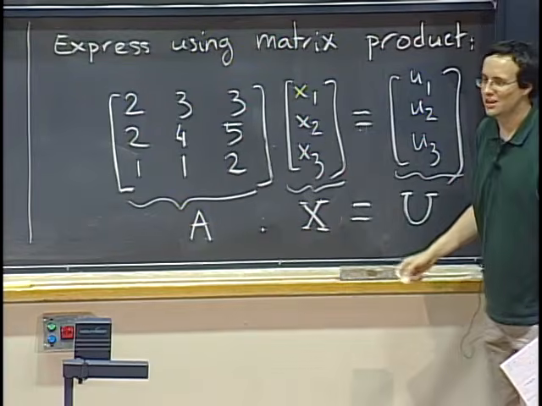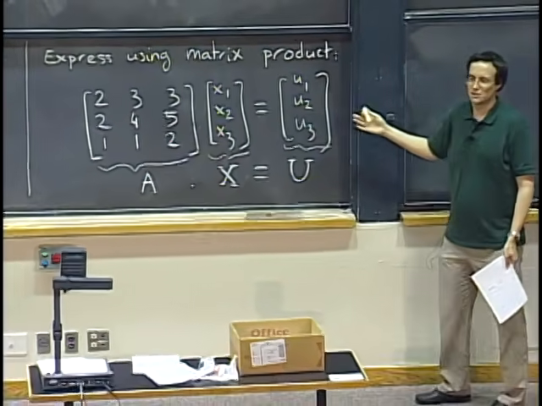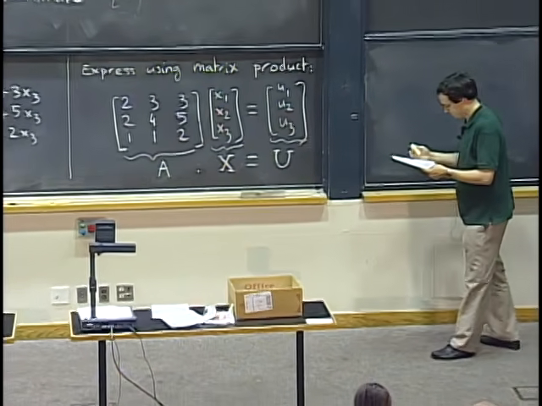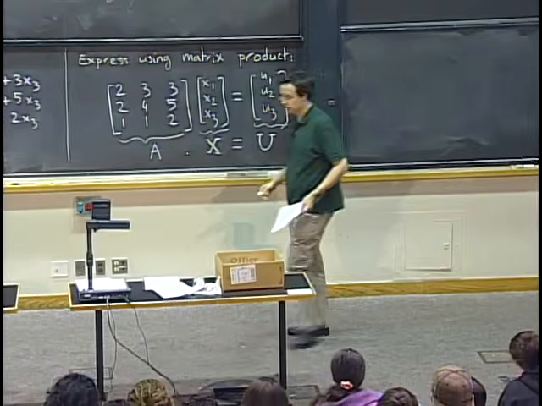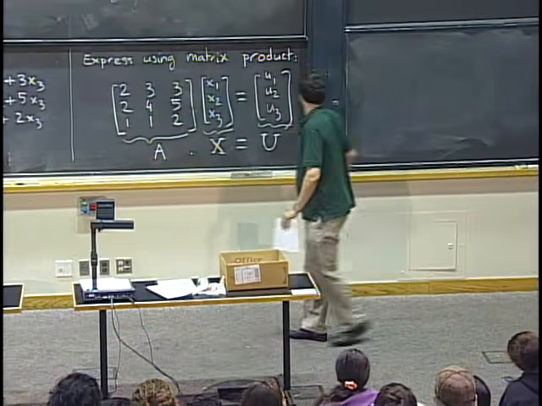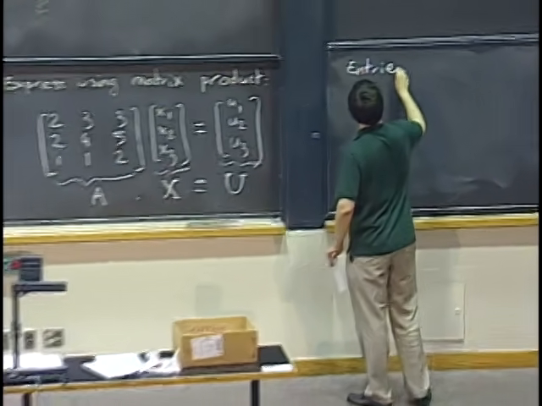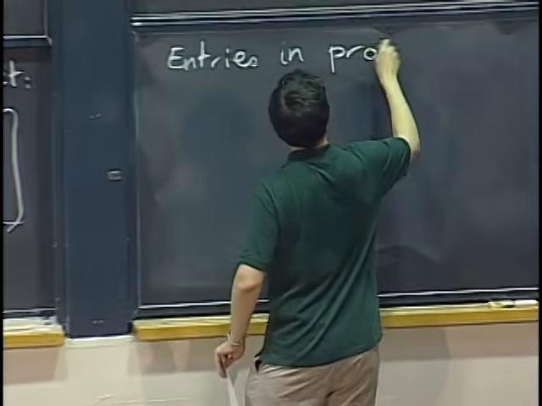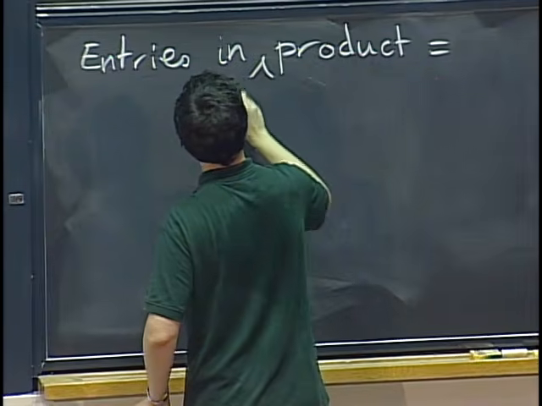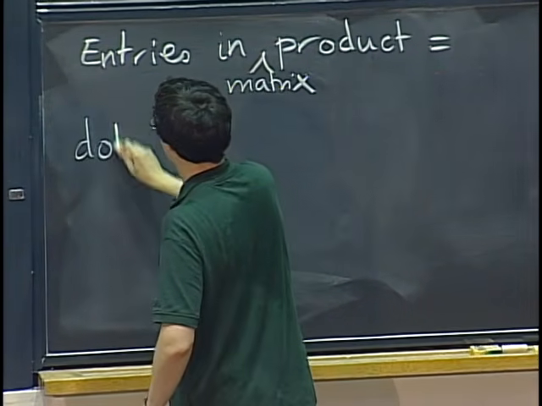Of course, I need to tell you what A, X, and U are in terms of their entries for you to get the formula. But it's convenient notation. So what does it mean to do a matrix product? So the entries in the matrix product are obtained by doing the dot product.